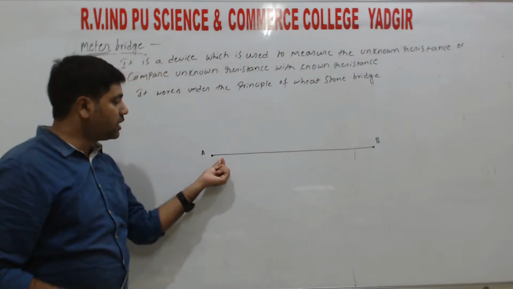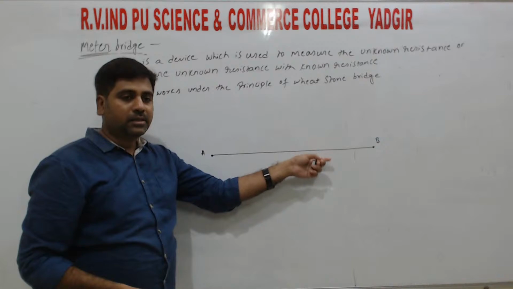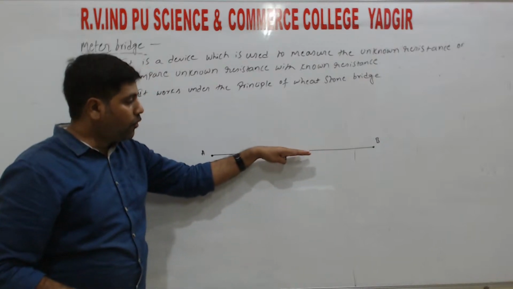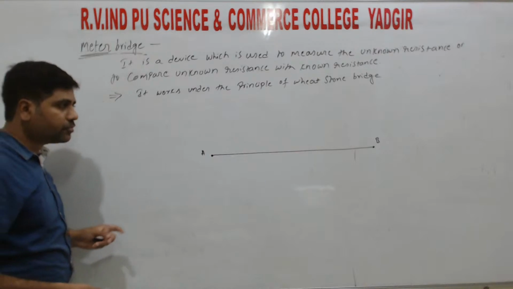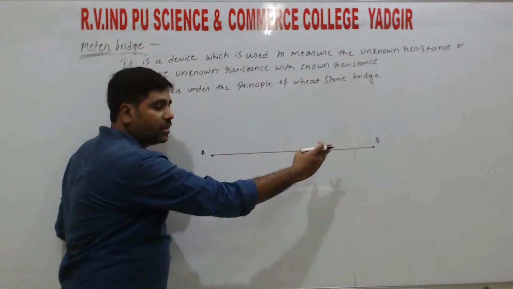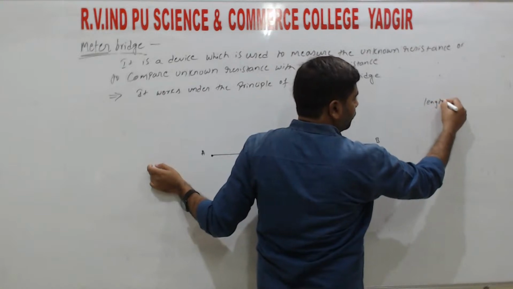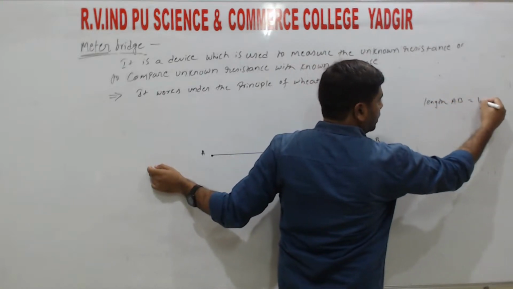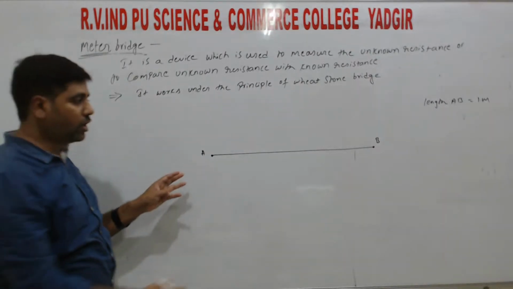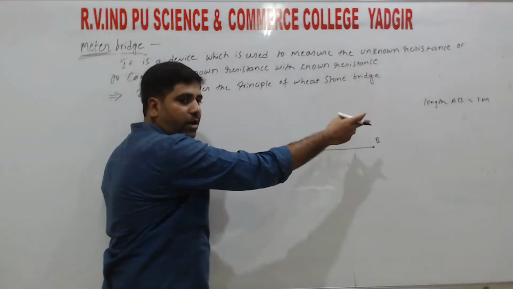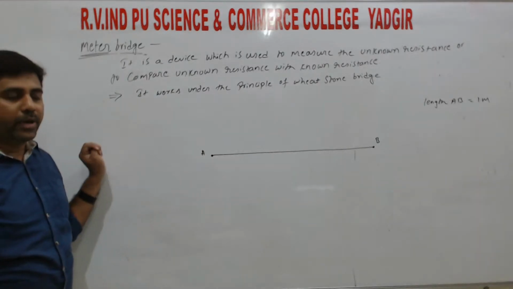Uniform resistance means at each and every point of the wire the resistance remains the same, right? So the length AB is equal to 1 meter. Hence the name given as meter bridge.